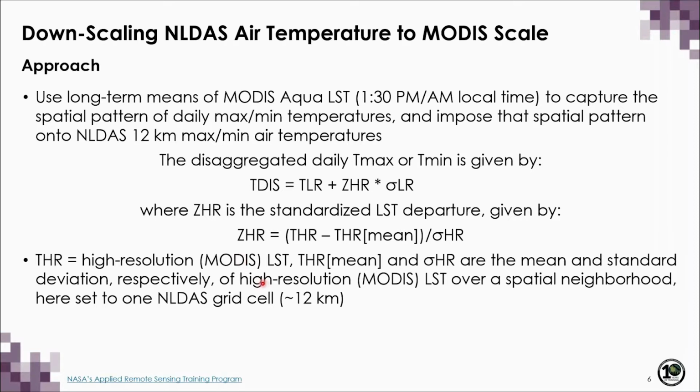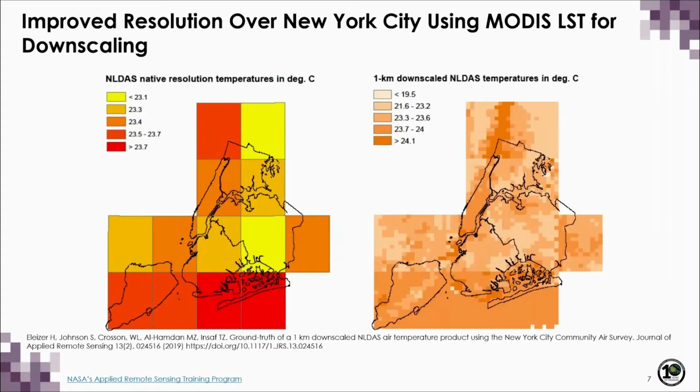We took an 8-day composite of that 1 kilometer data set and used that to look at spatial patterns within a larger 12-kilometer grid. And these standardized departures were then applied to the air temperatures in this equation to calculate our air temperature at a 1 kilometer scale. More details of these are available in our previous webinar that was done in 2017.